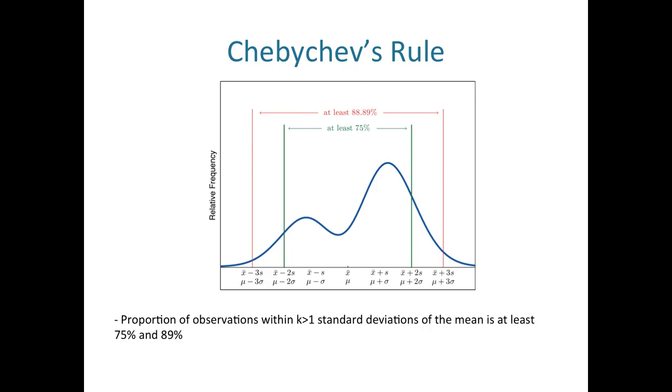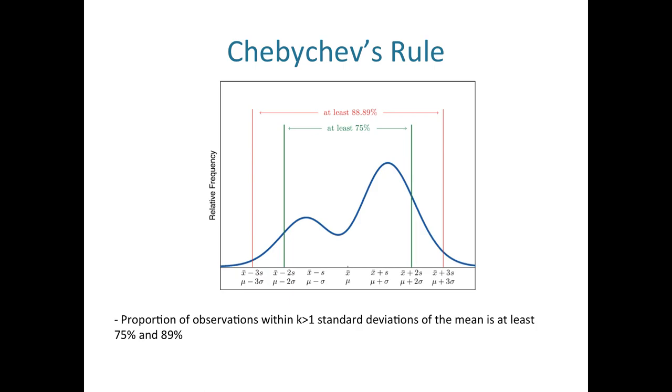So the proportion of observations within 2 standard deviations is going to be 75%. And the proportion of observations within 3 standard deviations is going to be at least 88.89%.